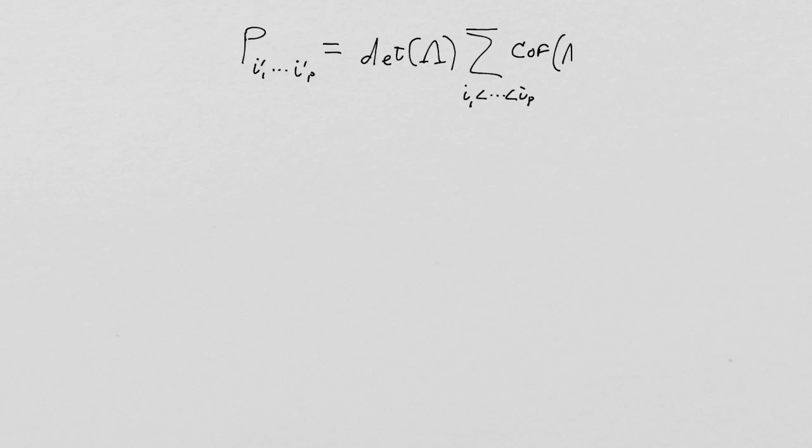So it'd be I prime 1 to I prime p. That component is going to equal, and I'll just simplify it in advance, the determinant of our transformation matrix times the sum of I1 less than ... less than IP. So we're doing all of those strict sums. And then we have the cofactor of the inverse matrix's flipped minor. So that means we get the prime up here.